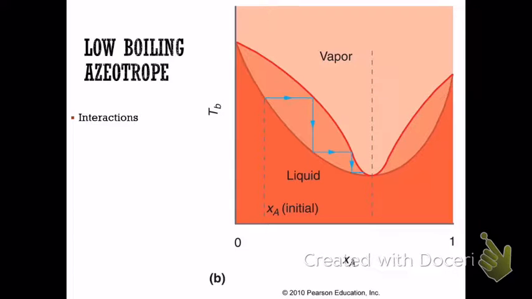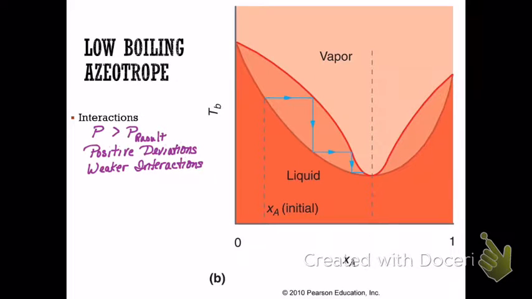Obviously, if we have a high boiling azeotrope, we have to have a low boiling azeotrope. This is a graph that shows the phase diagram for a low boiling system. This is going to correspond to a situation where we have positive deviations from Raoult's law behavior, where the pressure is greater than that predicted by Raoult's law.